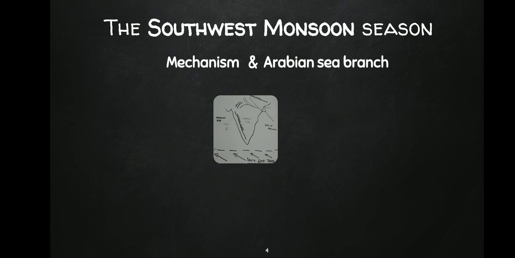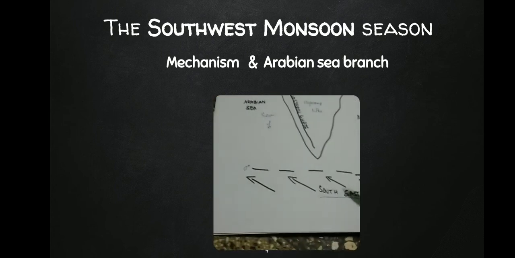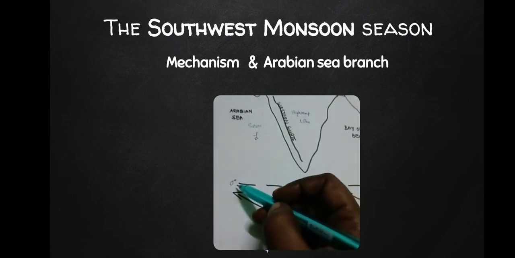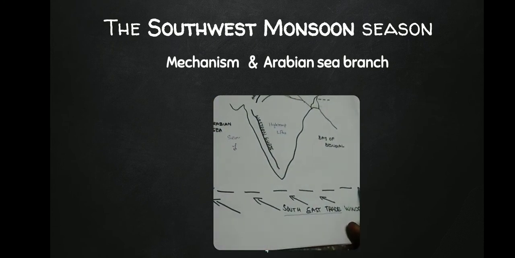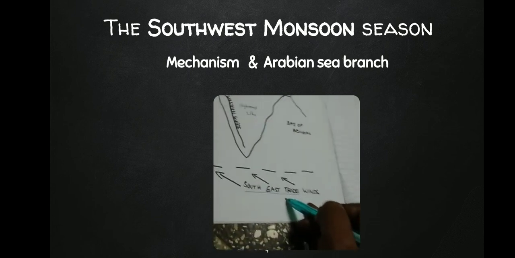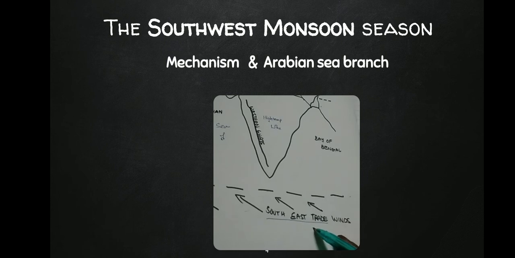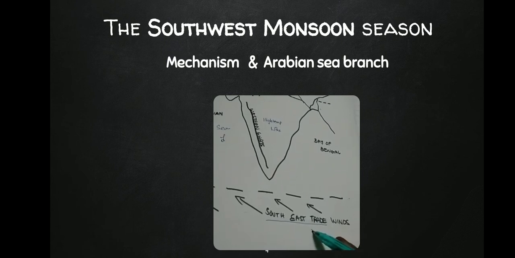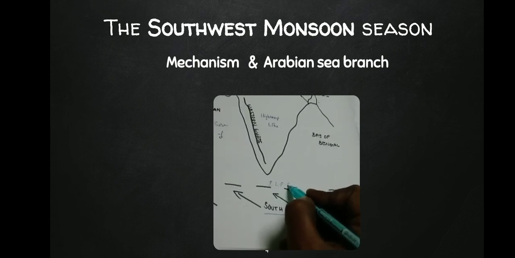We will have a quick recap of this branch again. This is the equator that passes to the south of India, and there is a permanent wind, southeast trade winds, which is blowing from the subtropical high pressure to the equatorial low pressure belt.